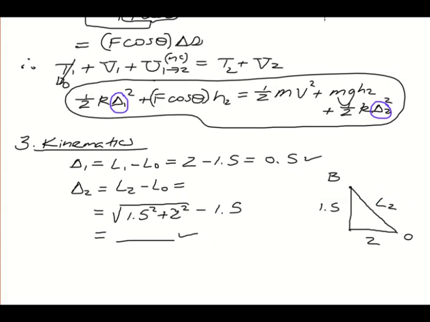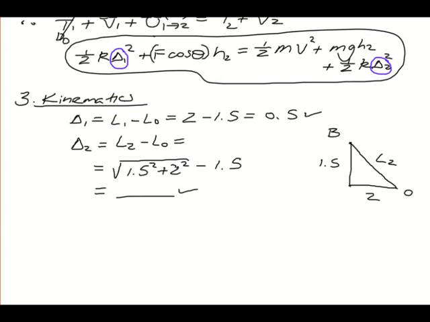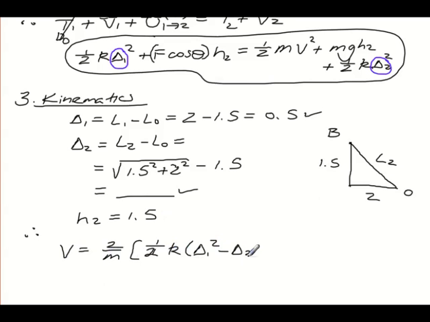So we have delta 2 and delta 1. With that information, and just reminding ourselves here that h2 is equal to 1.5, we can solve for V, and V is going to be equal to 2 over m times the quantity here of 1/2 K, delta 1 squared minus delta 2 squared, like that.